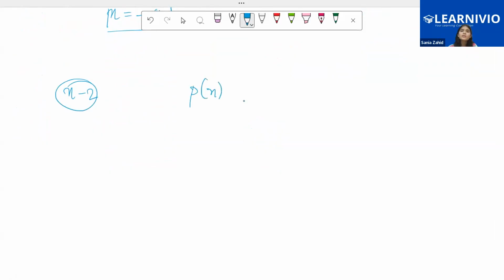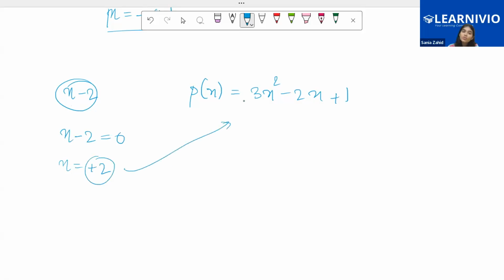Let's suppose the polynomial is 3x square minus 2x plus 1. I'm not saying it is a factor only, this is just an assumed example. Let's suppose x minus 2 is a factor. That means the value for x minus 2 is equal to 0 and thus x is equal to plus 2. That means plus 2 is a 0 of this polynomial.